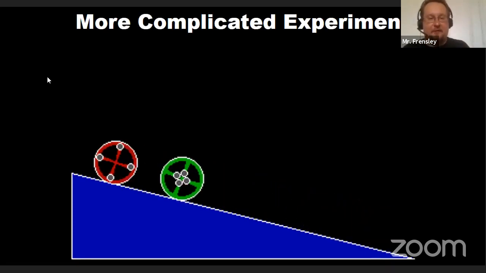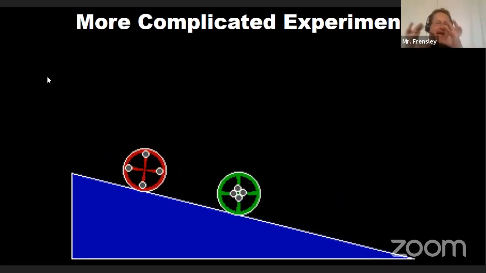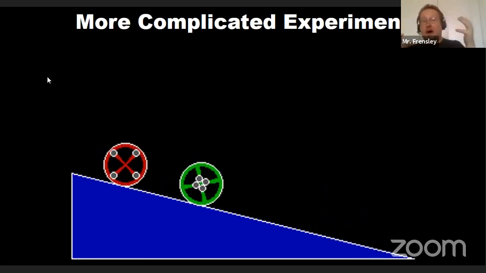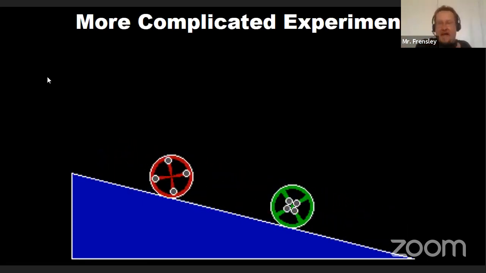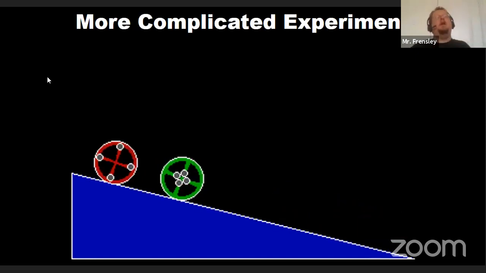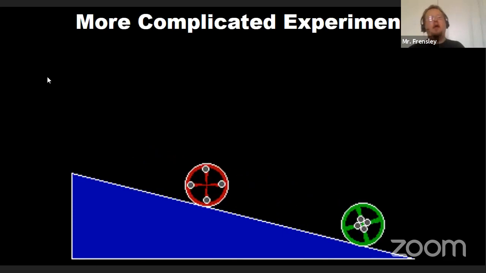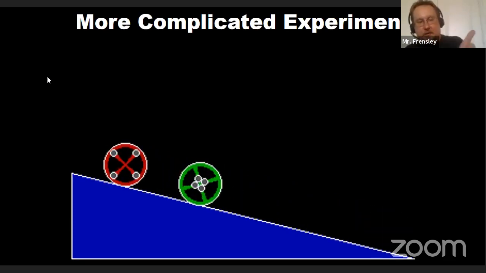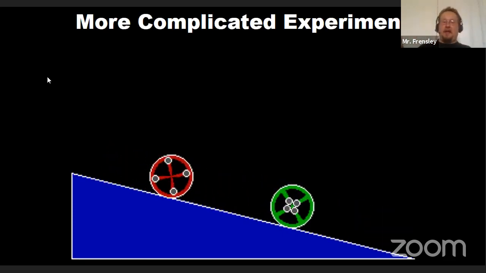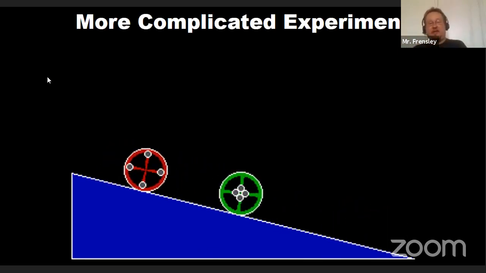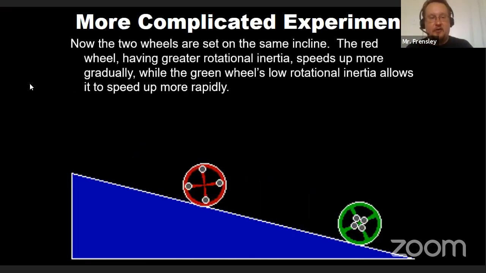Hopefully you've seen something like that from your teacher. So the disc has atoms at the middle, atoms in between, atoms on the outside, but the ring has all the atoms on the outside and nothing in the middle. So the ring has more rotational inertia because its atoms are farther from the center. So the ring would be like the red wheel and the disc would be like the green wheel. And so the more atoms you have toward the center, that's less rotational inertia, easier to rotate, right?